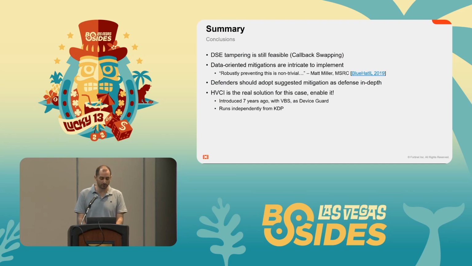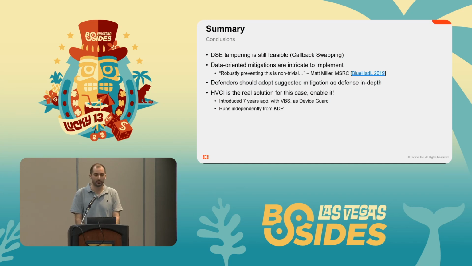Just to summarize, I think that DSC tampering is still feasible, at least with callback swapping. Data-oriented mitigations like KDP are pretty tricky to implement, and some of the people in Microsoft also think so, so I'm not really sure what the goal behind it was.